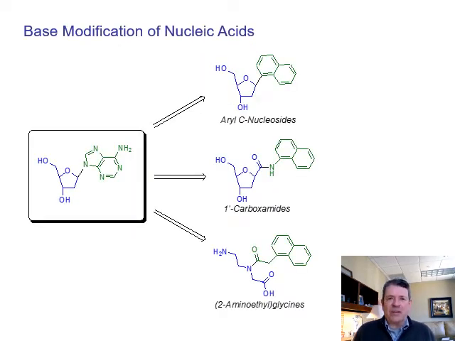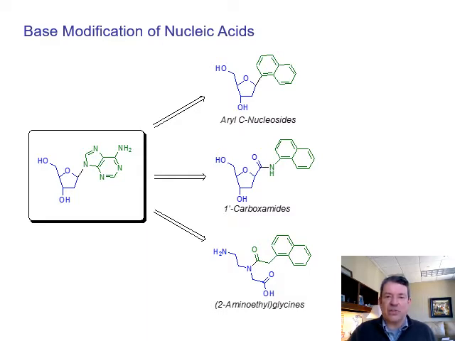So to give you an idea of our approach, we've primarily focused on replacing the nucleobase. So this is a deoxyadenosine residue. You have this purine base, and each of the residues in a nucleic acid has one of 5 bases: guanine, adenine, or cytosine in both RNA and DNA.